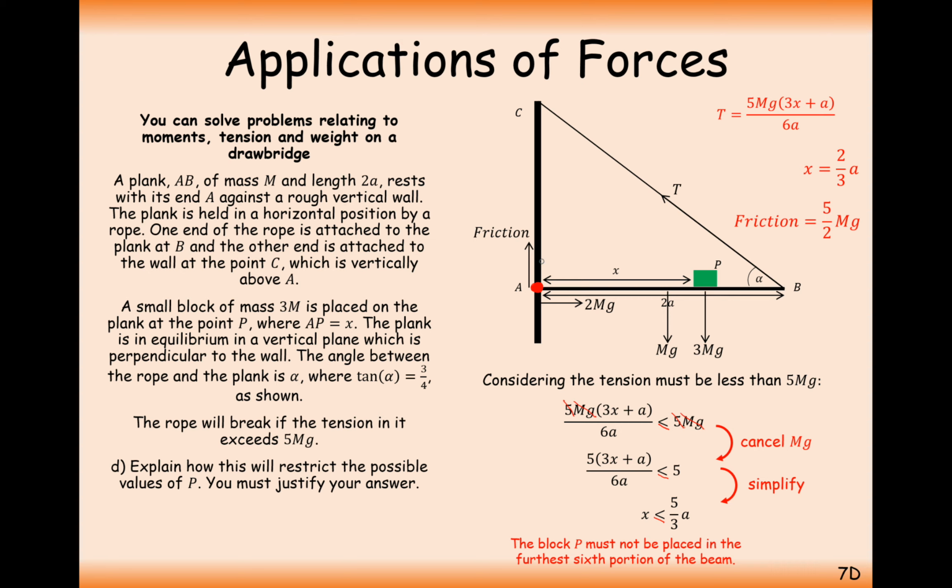If it is a type of question where it's a pivot point here, then all the same maths is going to apply. You're just going to have a force that's being applied to this pivot point here, and you can then break that force into a vertical component and a horizontal component. So exactly all of the maths would work exactly the same there, as if I had a pivot point or if I didn't have a pivot point and I just had a rough wall.